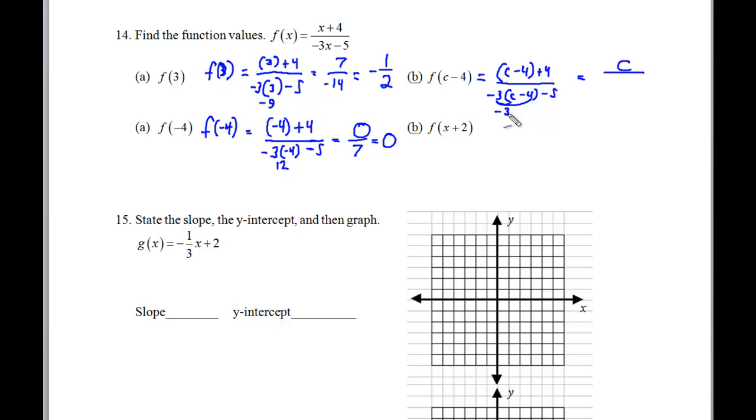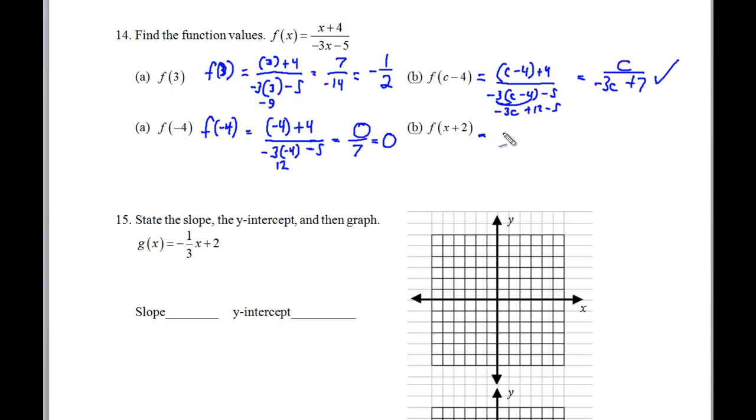So this becomes negative 3c plus 12 minus 5. The parentheses drop off once we've used a distribution, and we can simplify the 12 minus 5, which makes our denominator negative 3c plus 7. And since this is a binomial in the denominator, there's no simplification at all of this fraction, and that is our final answer for f of c minus 4.